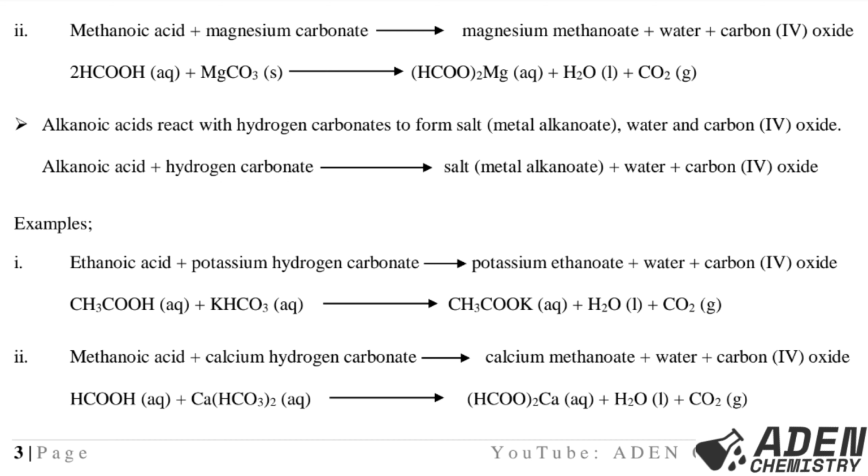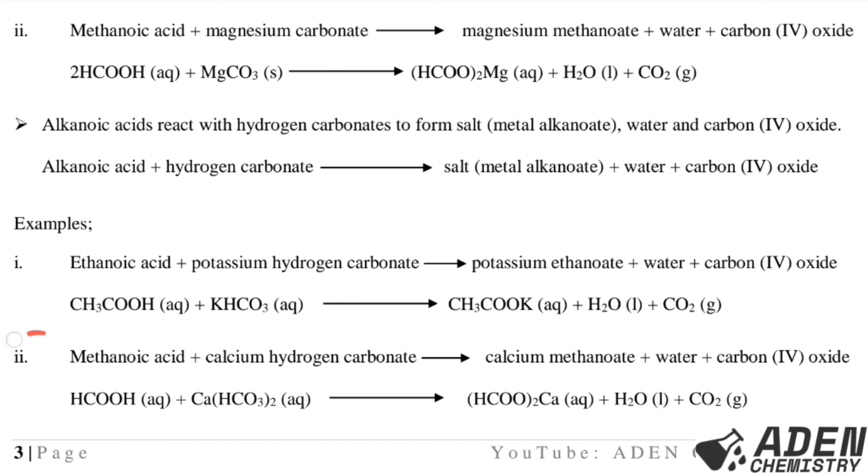Let's go to examples from 1. We have ethanoic acid plus potassium hydrogen carbonate. What we are going to get is potassium ethanoate plus water plus carbon dioxide. To write the reaction, we write ethanoic acid plus potassium hydrogen carbonate. What we are going to get is potassium ethanoate plus water plus carbon dioxide, and this reaction is self-balanced.